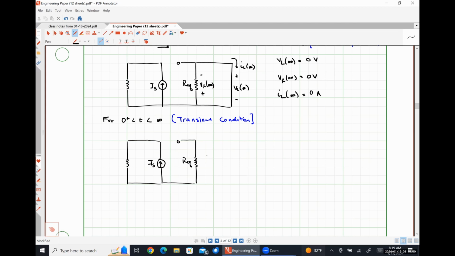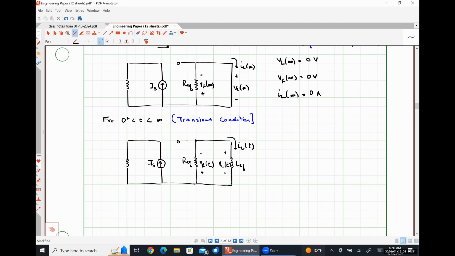Here's our resistance Req and the voltage drop across our resistance. And it's going to be a function of time because we're dealing with a range of times here. Here's our inductance. The voltage drop across our inductance and the current flowing through our inductance, right?